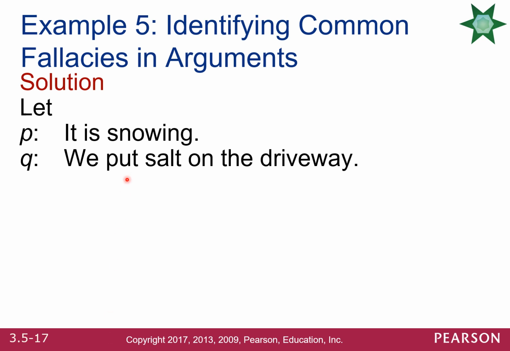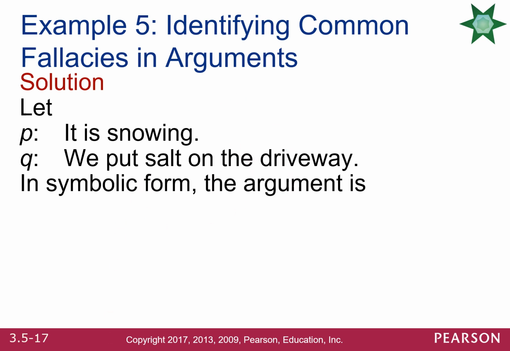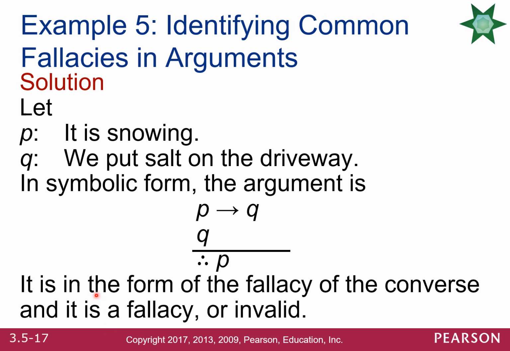Then Q is we put salt on the driveway, followed by, in symbolic form, the argument is if P then Q. That means if it is snowing, we put salt on the driveway, followed by the next premise, which was we put salt on the driveway, followed by the conclusion that it is snowing, right? That's what P is. However, it is in the form of the fallacy of the converse. So that's the law of the fallacy of converse, which will make it an invalid statement.